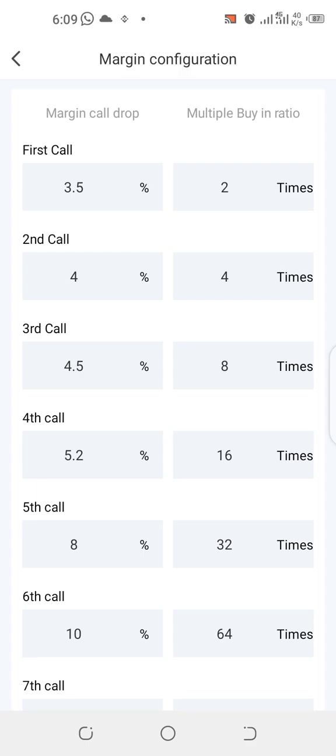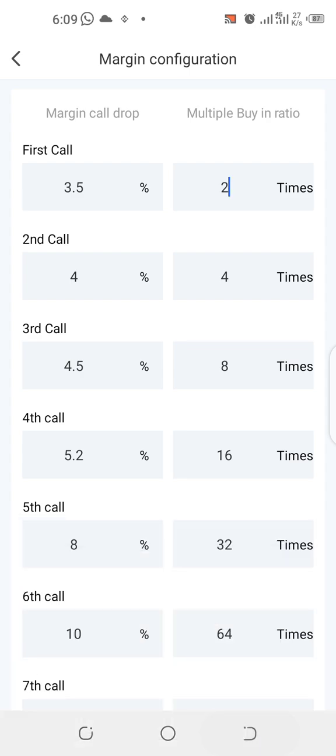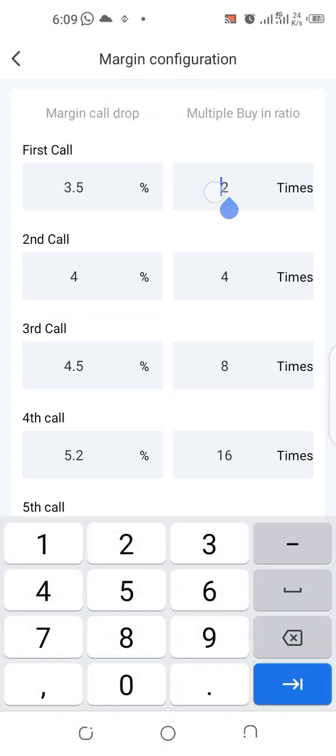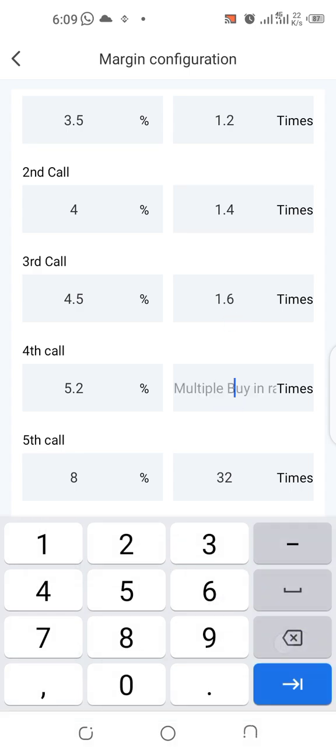Now, in that case, let's assume I want to use 150 USDT. I've already used 10 USDT to buy the first time, so I have 140 left to split among these 7 buys. Likely to use 1.2, 1.4, maybe 1.6 here, and then 1.8.